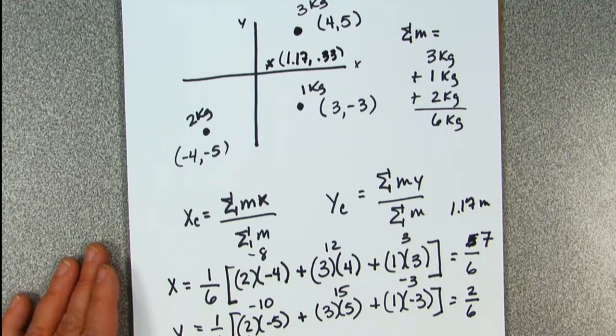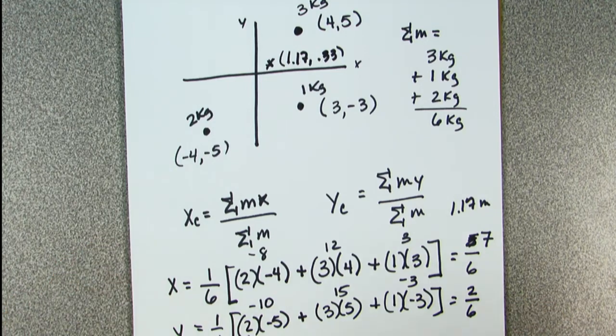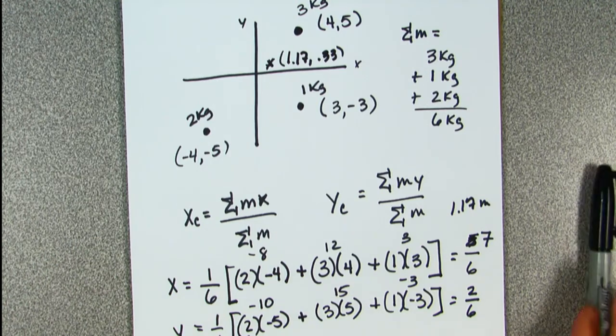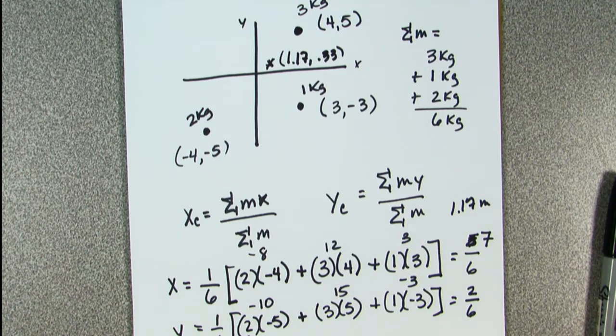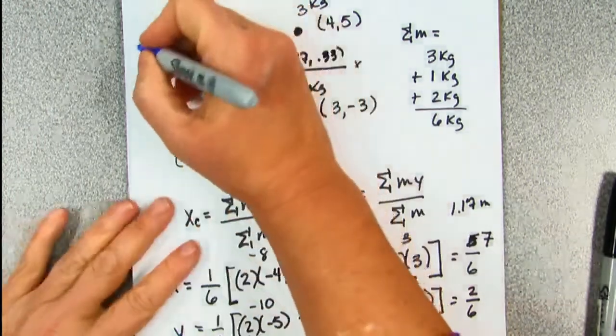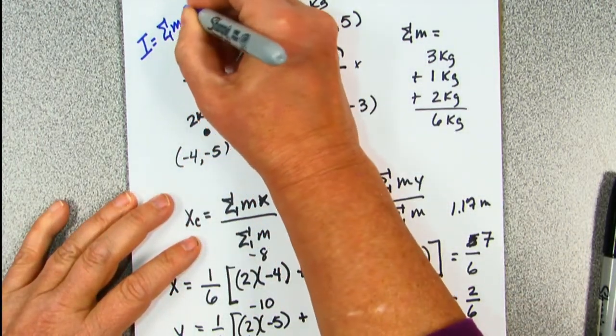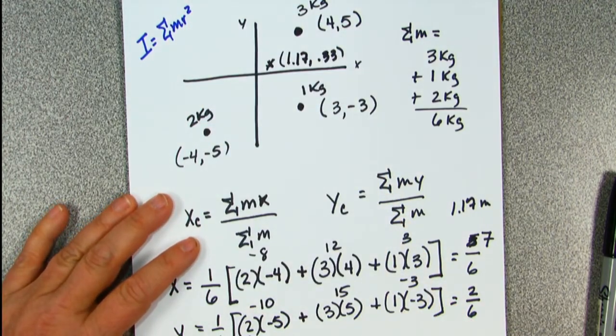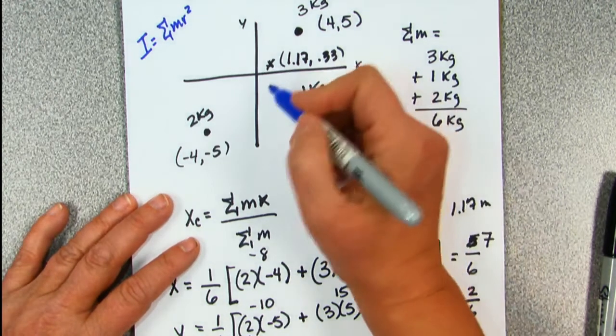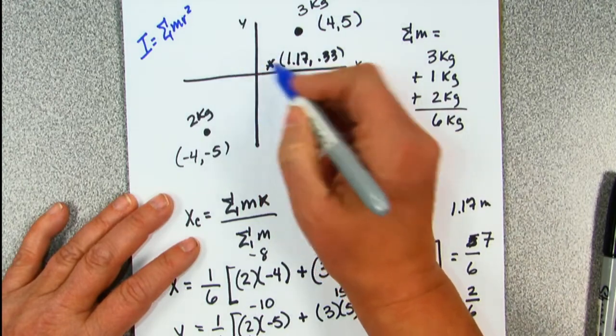Now, if I am doing my moment of inertia, remember my moment of inertia is going to be the sum of the individual mr squareds. So I'm going to need the r squareds. If I'm doing it about the origin first, we're going to look at the moment of inertia as it goes around.